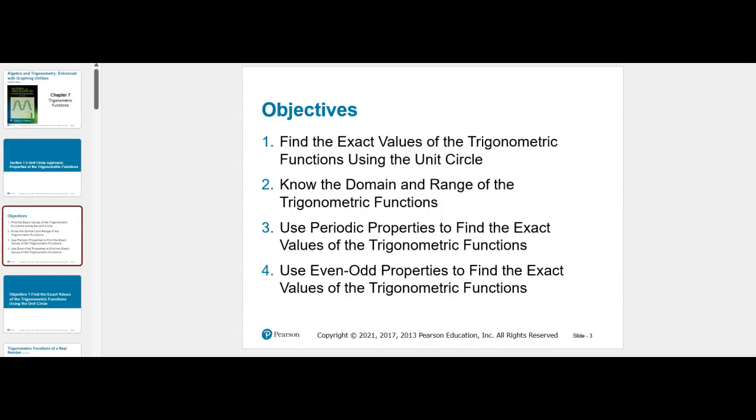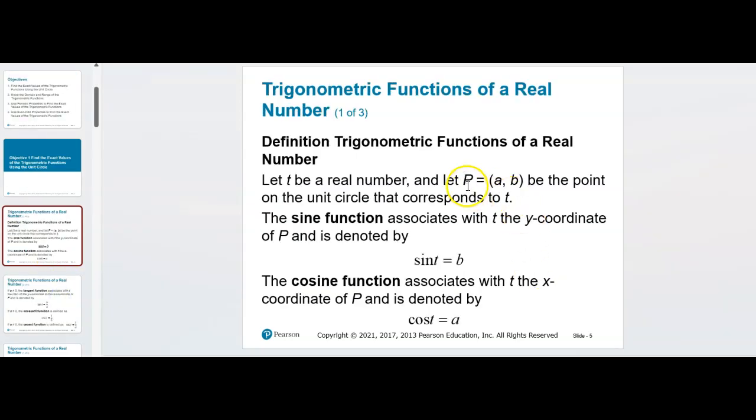There are the objectives of this section. Similar to some of the other objectives, but specifically we're using the unit circle to arrive at these objectives now. That's the big difference. Just like we were saying, if P is some point (a, b) on the unit circle, then the y-coordinate of that angle that we've rotated from standard position is the sine of that angle, and the x-coordinate is the cosine of that angle.